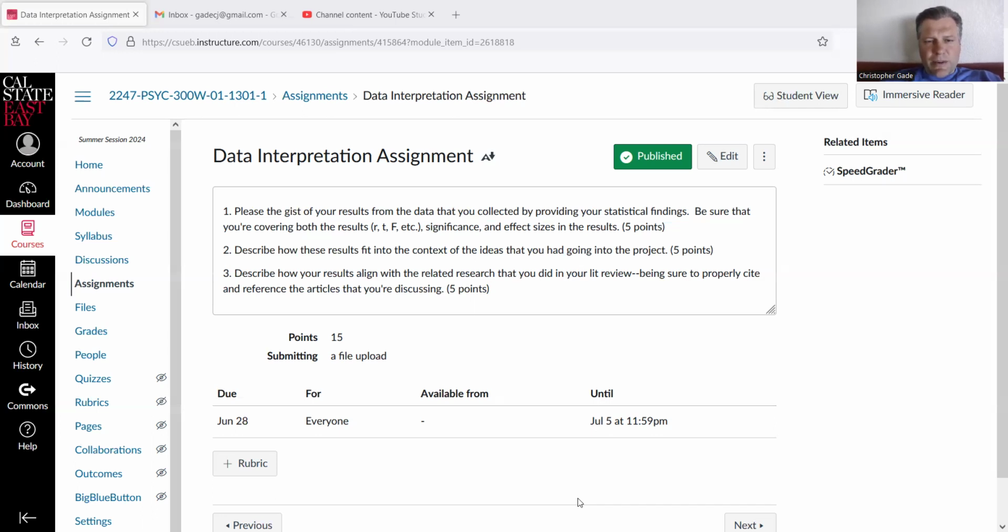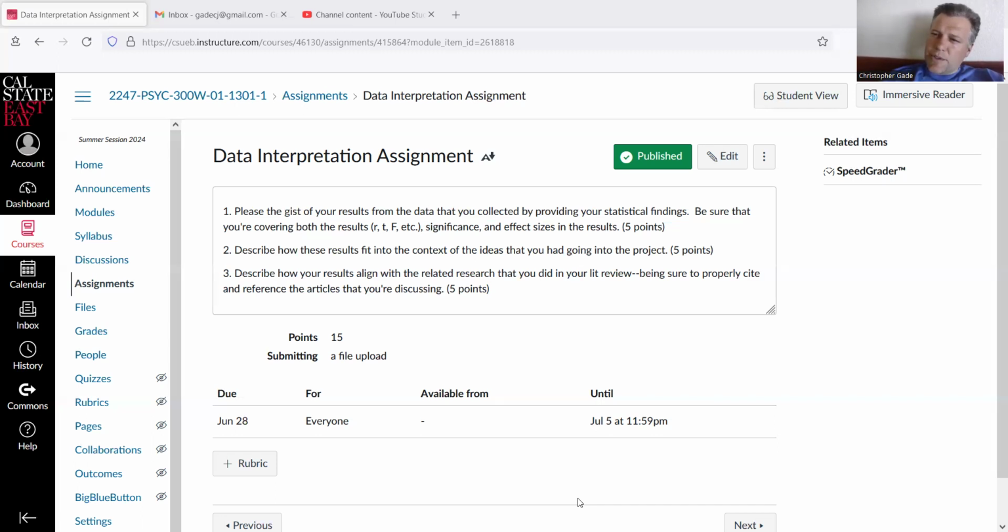So, if history repeats itself, even though I'm recording this in advance, my guess is that I've been having a number of back and forths with students within the class, making sure that there's a comprehension of what it is they have with their data, how they can make specific types of calculations, where that brings them in terms of the next steps. Hopefully, that means that all of you, as you're watching this video, are settled in on what type of analyses you're doing and what you found in terms of your results.